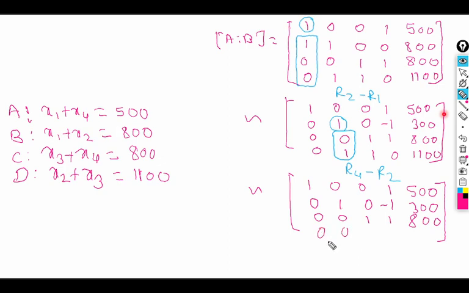R4 minus R2: 1 minus 1 is 0, 1 as it is, this is plus 1 now, and 1100 minus 300 is 800.